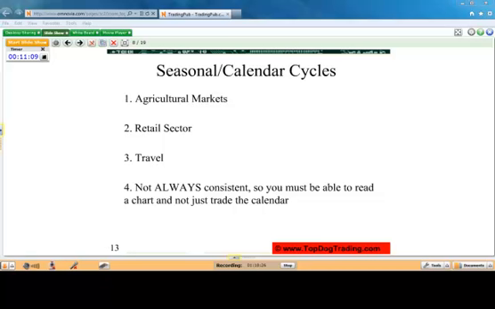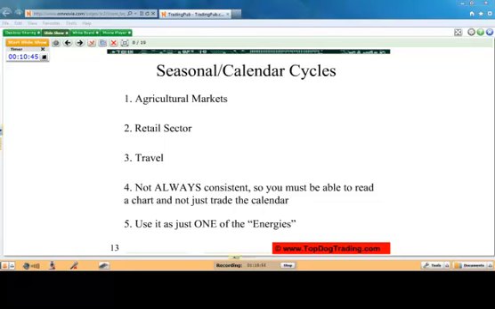So these seasonal and calendar cycles are not always consistent. You have to be able to read a chart and not just trade the calendar. But there are times that you look at the type of stocks that move around these times. So it's more of a stock selection issue, I would say.